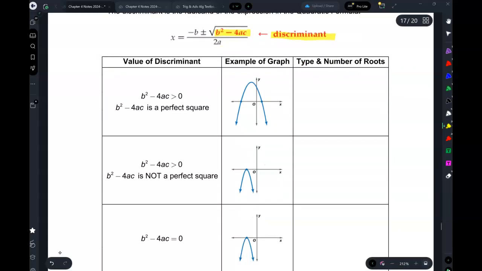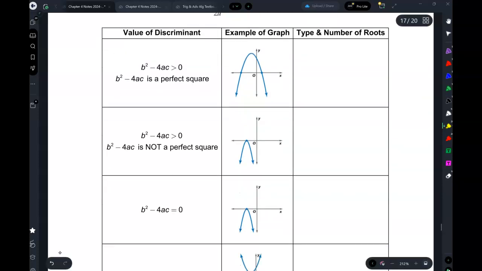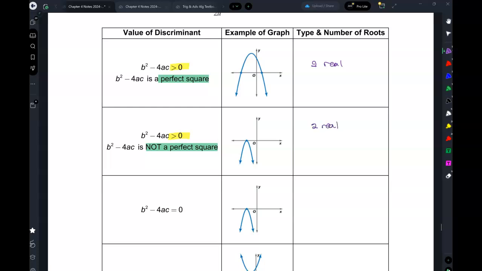The value of that discriminant tells us the type and number of roots. So let's talk about when that discriminant is positive. There are two cases: when it's a perfect square or when it's not a perfect square. In both cases, you get two real solutions.